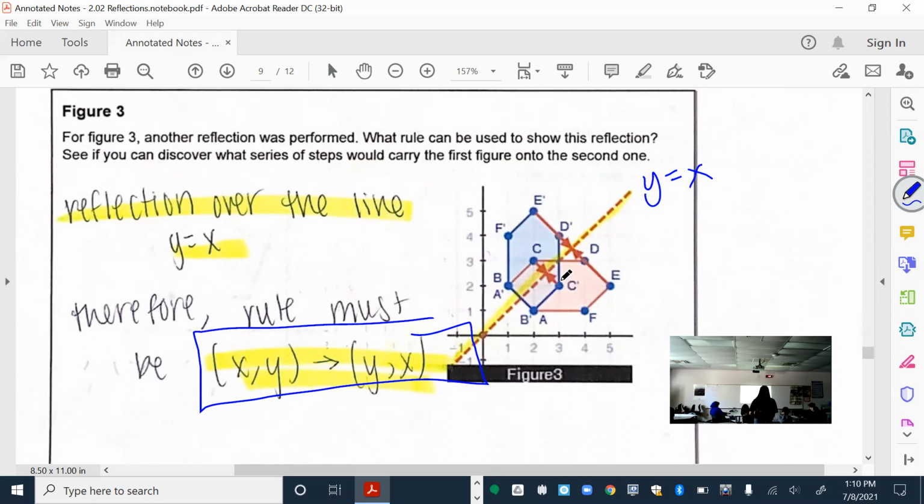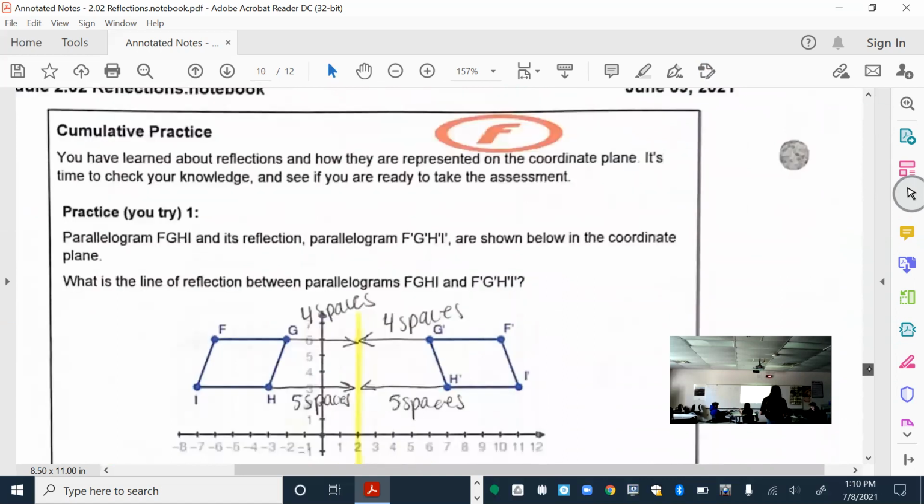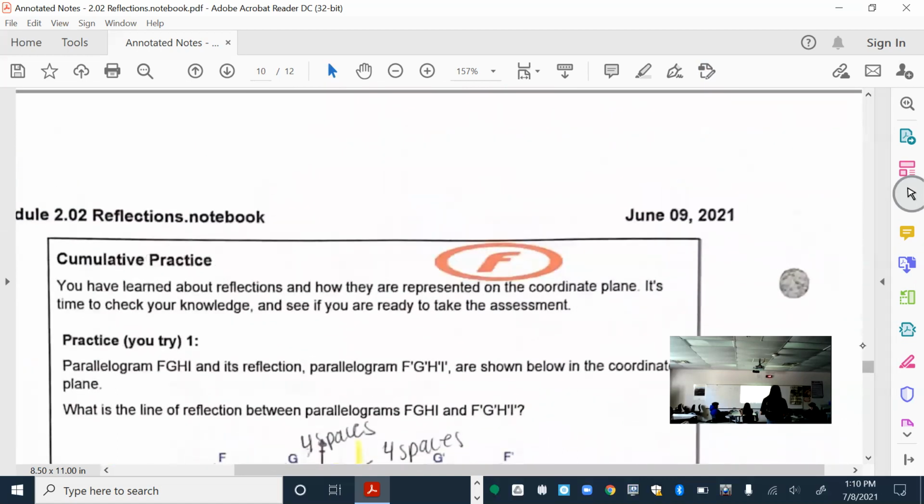And notice in this example, as the shape goes through the line, they kind of overlap each other, right? It's still a reflection over this axis. Questions on this one? All right, so let's go back to the normal slide.